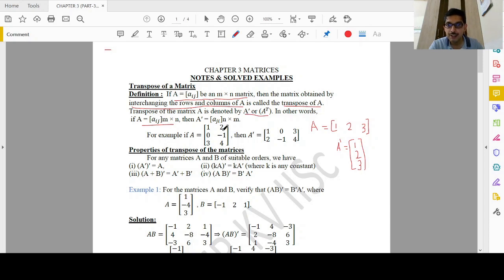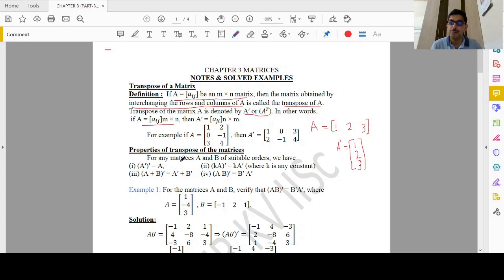Another thing is that the element 2, whose position is A12, will become A21 in A dash, and similarly 0 is the A21 element, which will become A12 in A dash. So in general, the element Aij in A will become the element Aji in A dash. That is, the positions of row and column get interchanged in A dash.